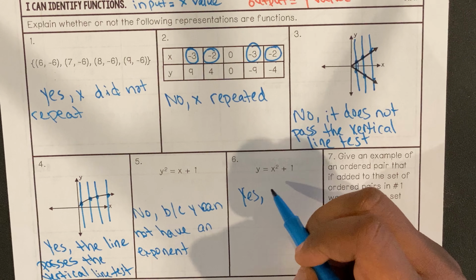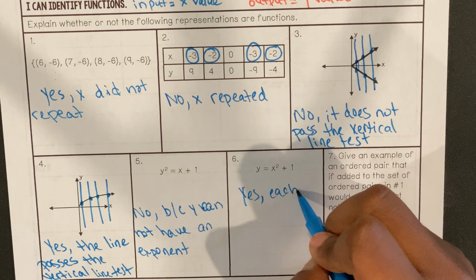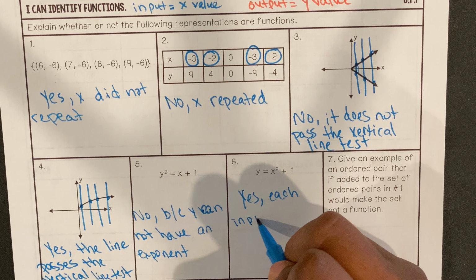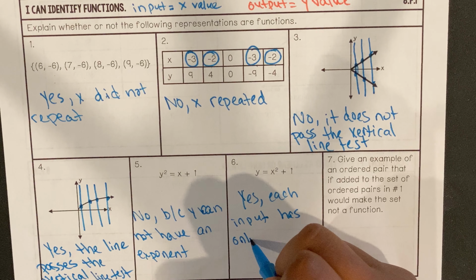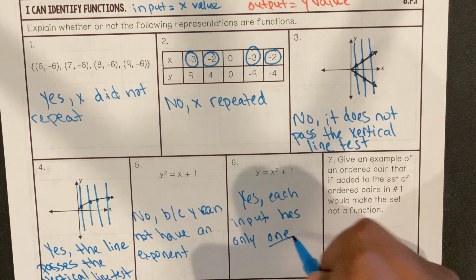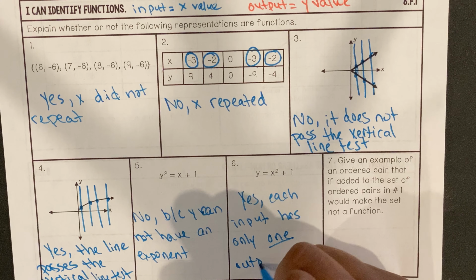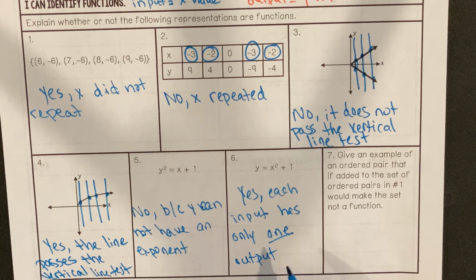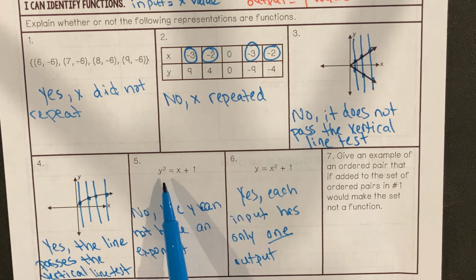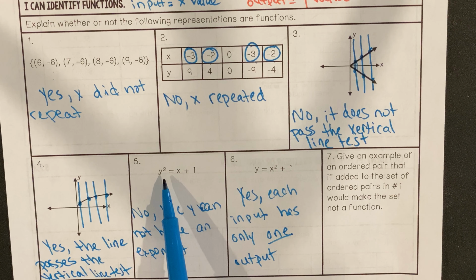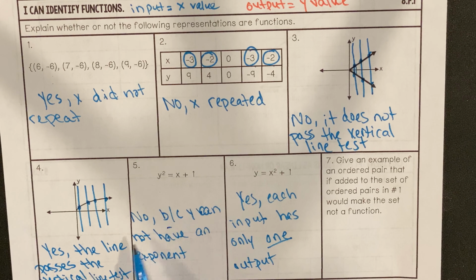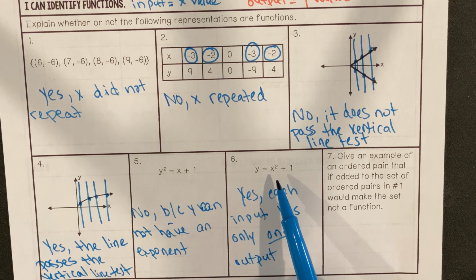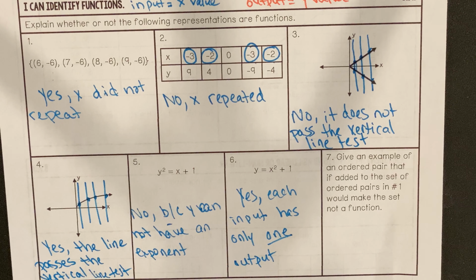Because what this is saying is that each input has only one output. So you need to see the difference. The Y value cannot have an exponent. It will not be a function. But your X value can. That's something we should remember.